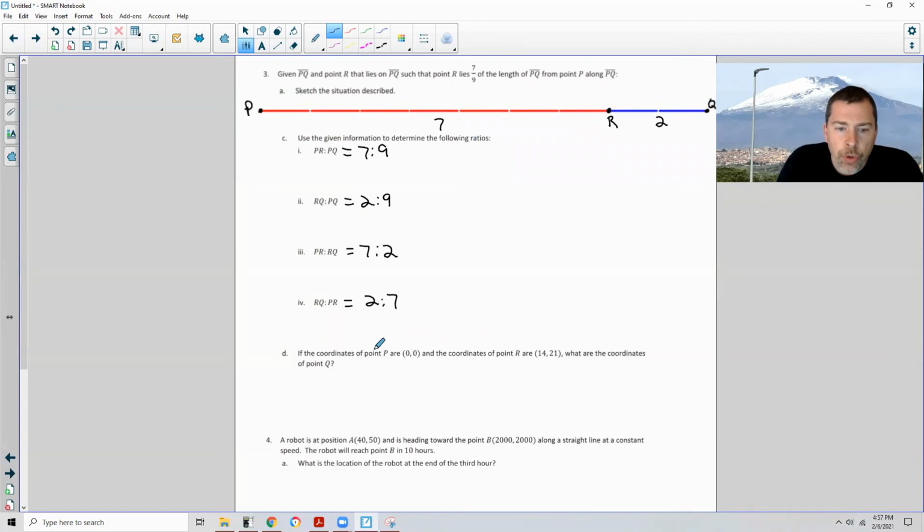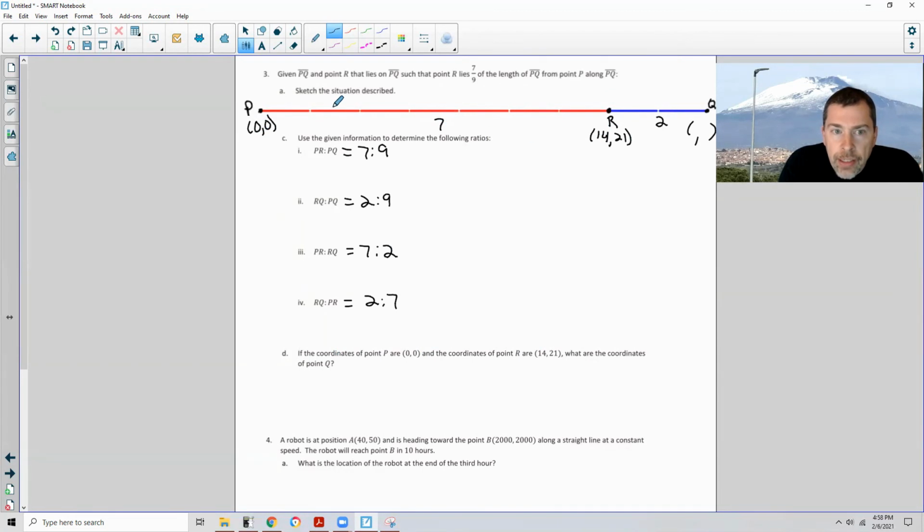D says if the coordinates of point P are 0, 0, so let's put that there, and the coordinates of point R are 14, 21, what are the coordinates of Q? What are the endpoints? So I had to come over here to get from 0 to 14, and if there are 7 of these, well, this one you can kind of do in your head.